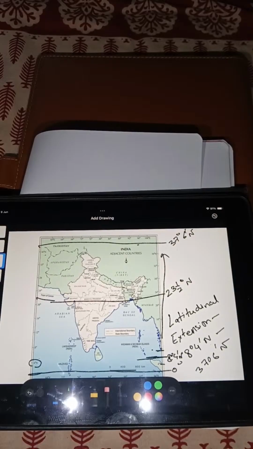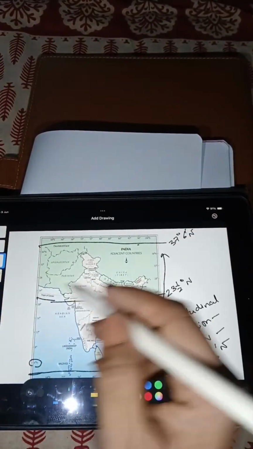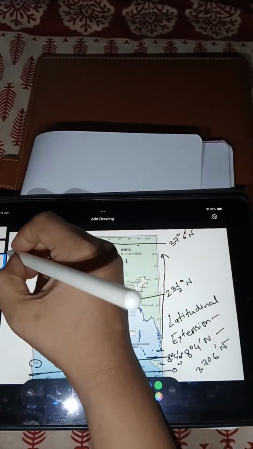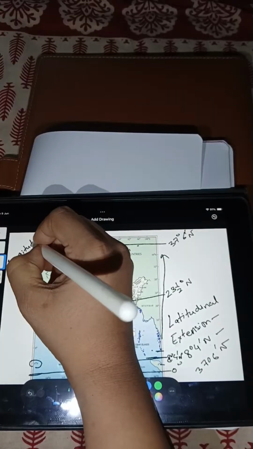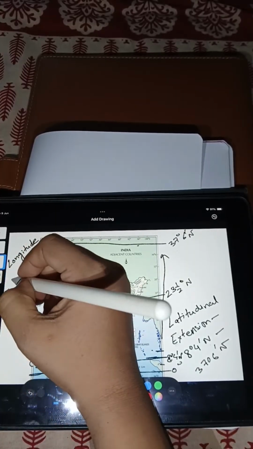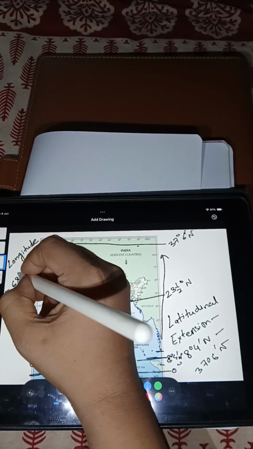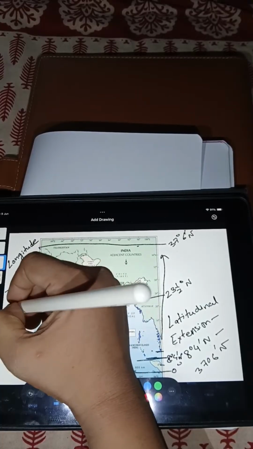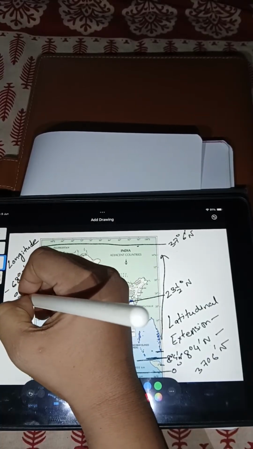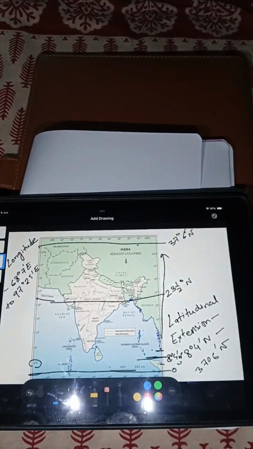This is about the latitudinal extension. Now what about the longitudinal extension? Longitude ranges from 68 degree 7 minutes east to 97 degree 25 minutes east.